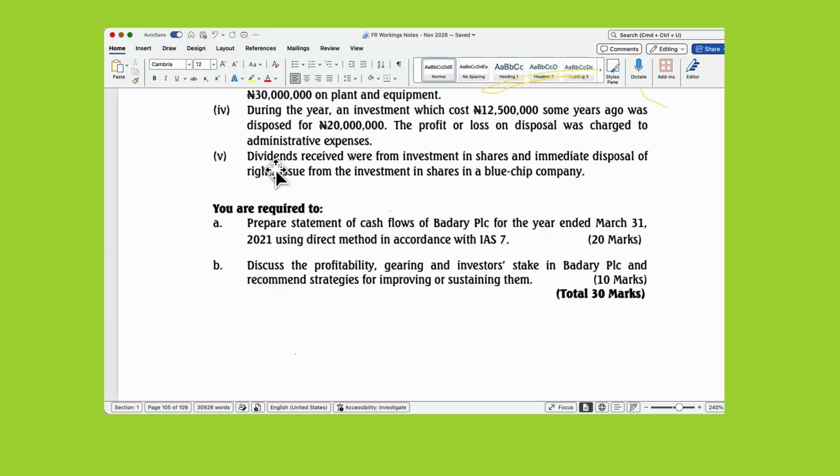So you see that they always tell you in the exam the method you are going to use. Here we're asked to use direct method in accordance with IAS 7. And in part B, they're asking you to discuss profitability, gearing, and investor stake in Badagry.